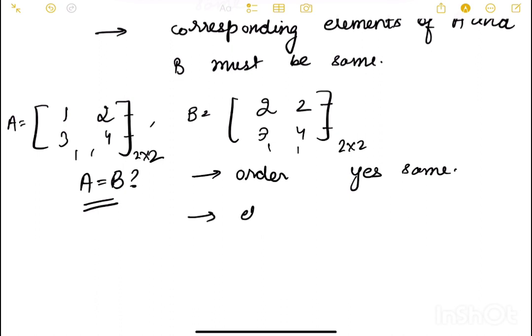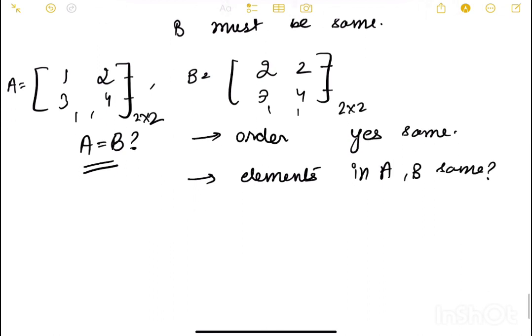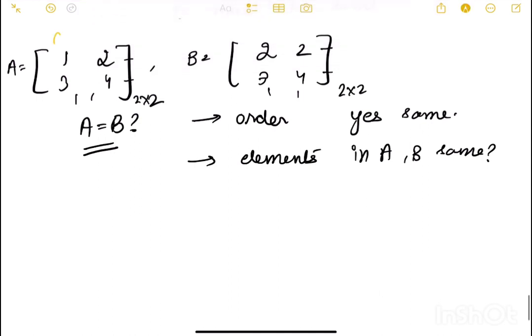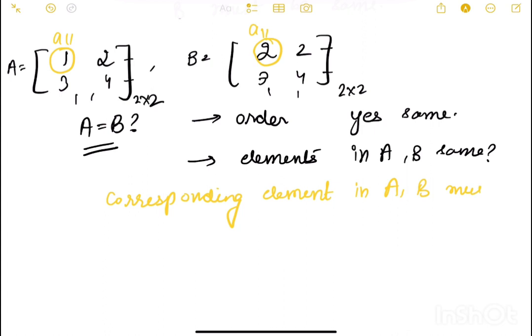Now are the elements in A and B the same? Just focus on A11 in both matrices, are they the same? This is 1 and this is 2. So the corresponding element in A and B must be the same.